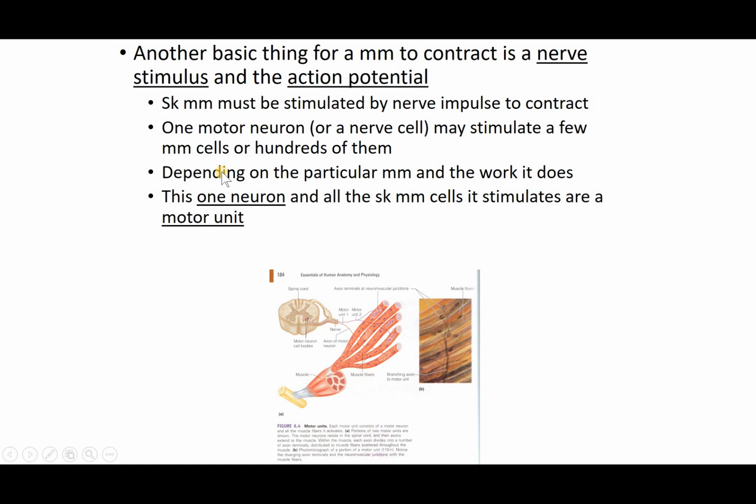Okay, so depending on the particular muscle, now MM is muscle, and the work that it does is going to depend on how much is stimulated. Okay, so for example, if you're writing with your hand, the muscles in your hand are doing a certain amount of work versus, let's say you were squatting 200 pounds.